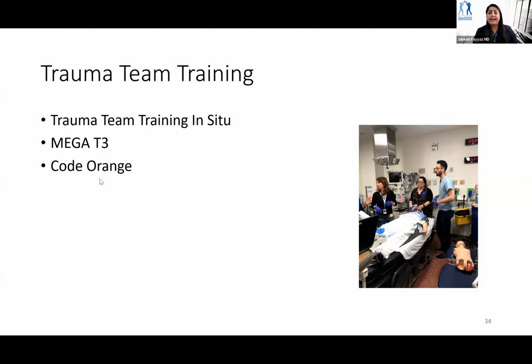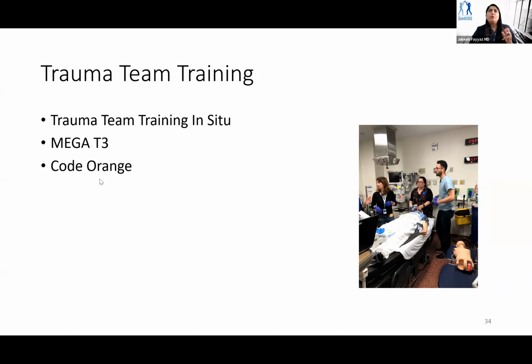Because of that gap, I myself am not trained in trauma. So because of this transition of the role, they started the trauma team training, including Mega T3s, where multiple traumas come at the same time, and Code Oranges when there's a disaster call.